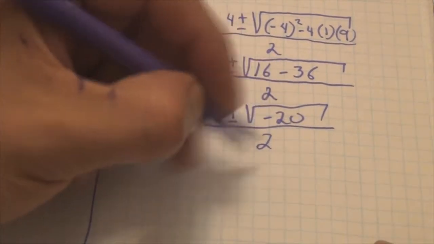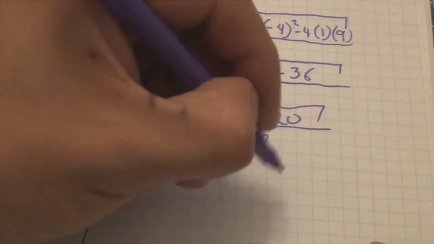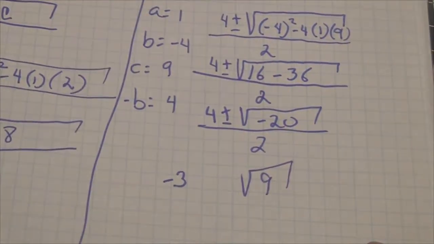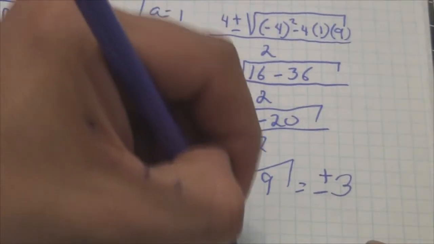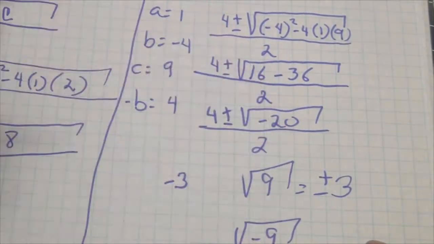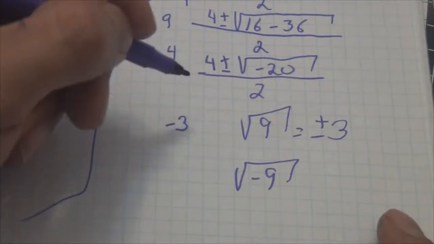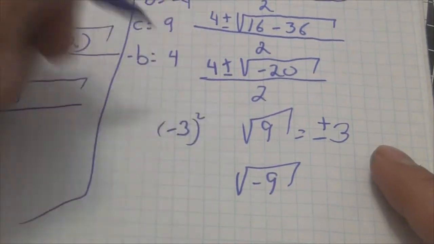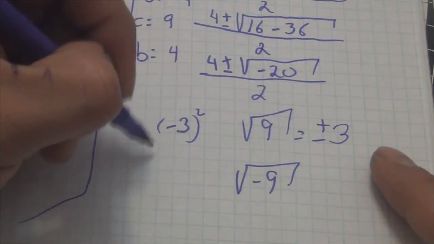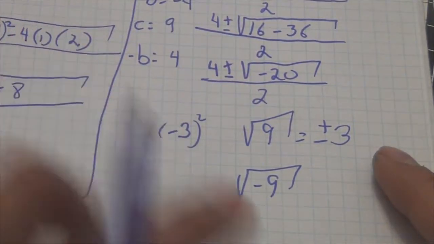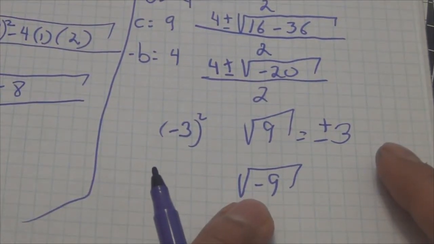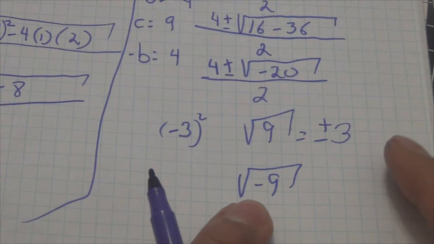Look. Let's take a look at the square root of 9. The square root of 9 is supposed to be positive 3 or negative 3. But the square root of negative 9? Look, negative 3 squared is going to give you 9. 3 squared is going to give you 9.